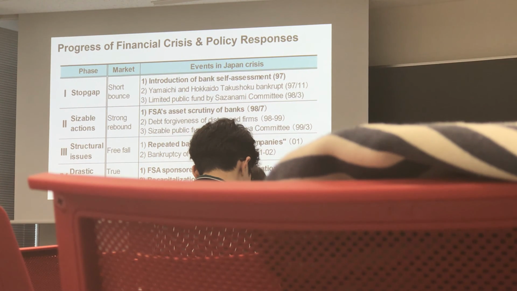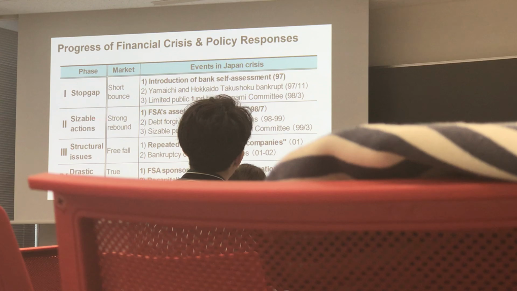And then this is a quick snapshot of the progress of the financial crisis and the policy measures, the policy response. In the first stage, in any country, the government tends to take stopgap measures through underestimation of the crisis. This is followed by a market crash, a stock market crash, that forces the government to do something big, so sizable action by the government.